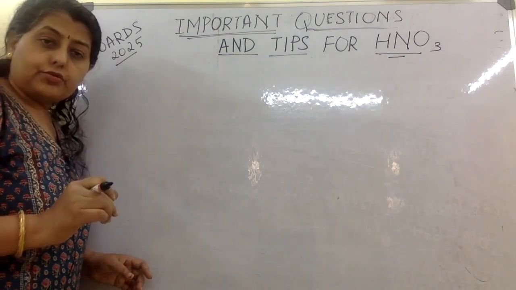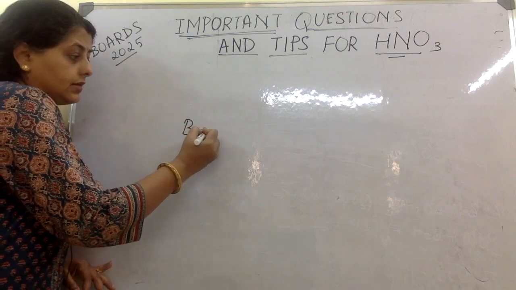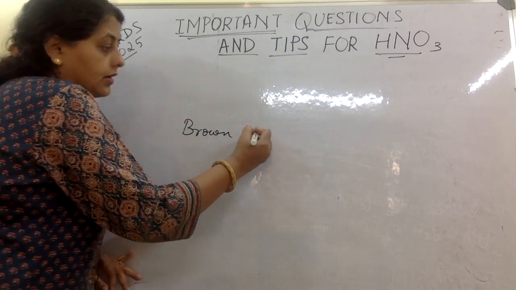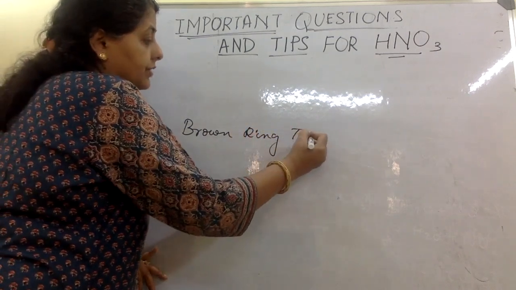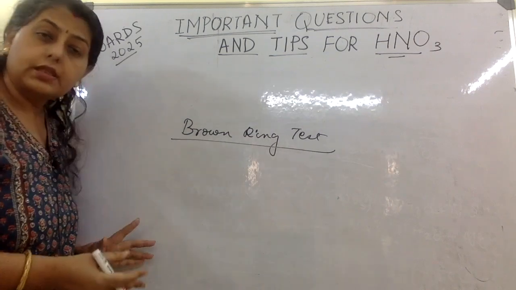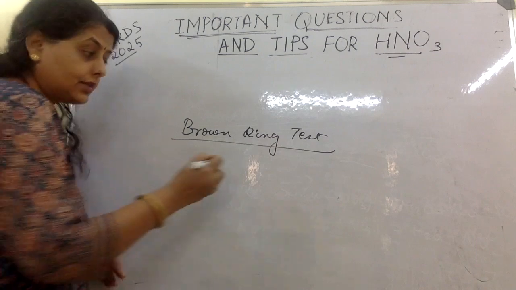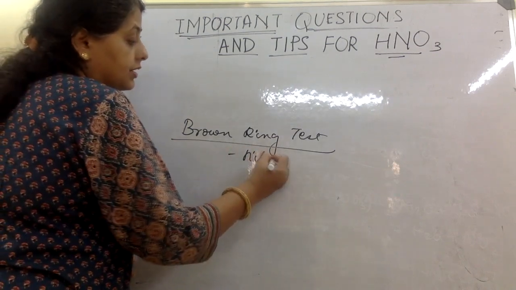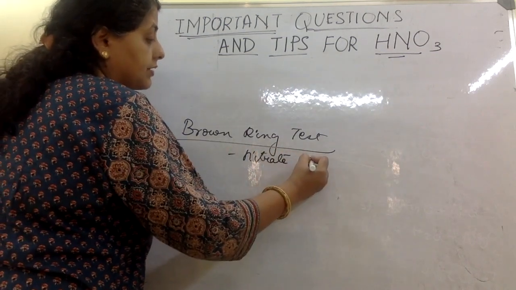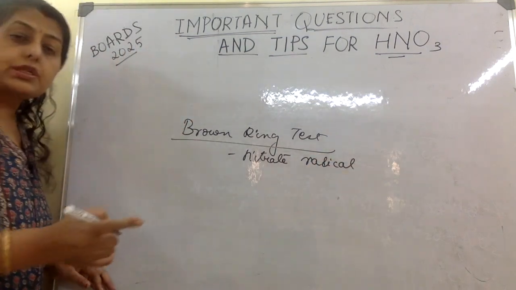One very important question of nitric acid is the brown ring test. We can't leave it out. It's that important. Even if it has come last year, please learn it this year. The brown ring test tests which radical? It tests the nitrate radical. We can do it with nitric acid, or with any other nitrate.